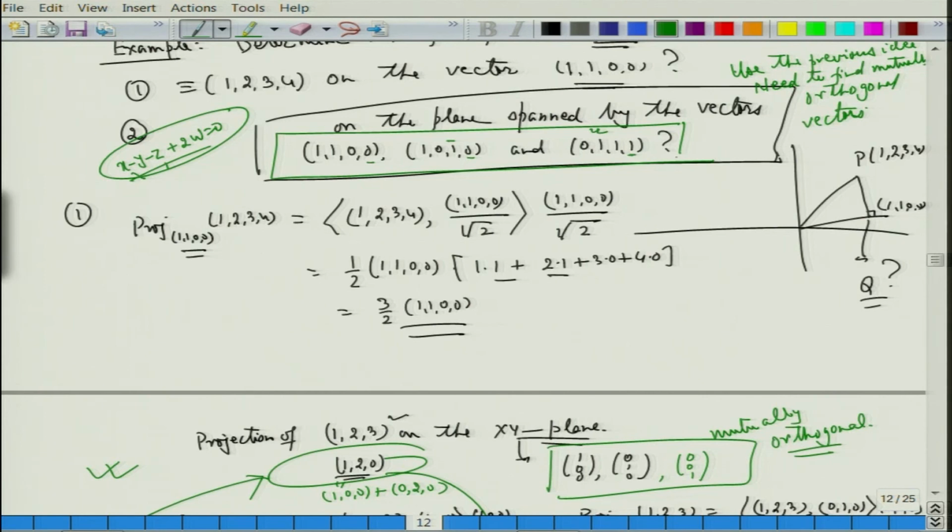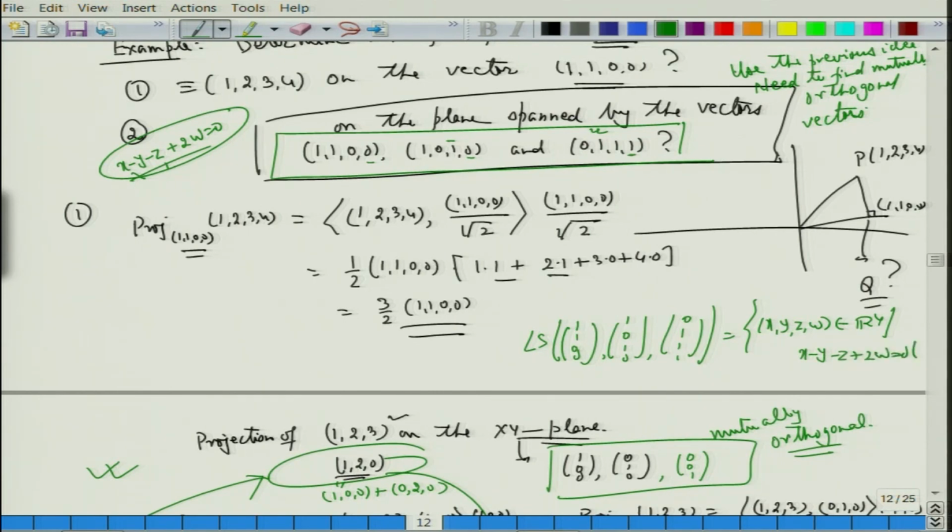Fine. So, the linear span. What I am saying is that the linear span of the vectors (1, 1, 0, 0), (1, 0, 1, 0), (0, 1, 1, 1) is nothing but all (x, y, z, w) belonging to R4 such that x minus y minus z plus 2w is 0. Fine. Normal of this.